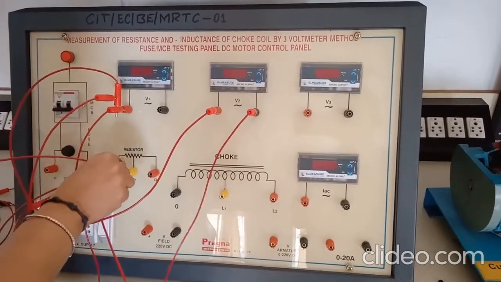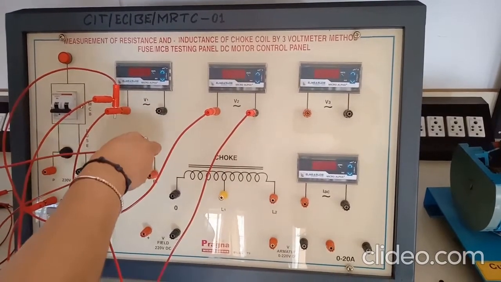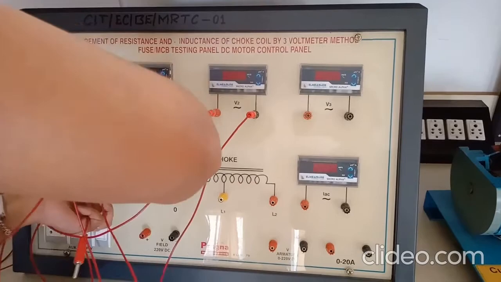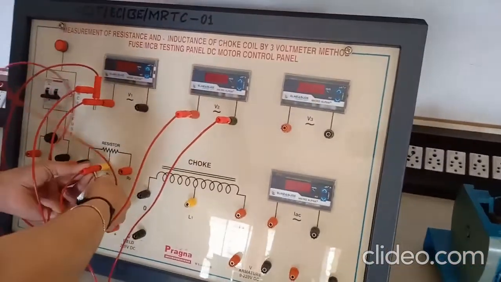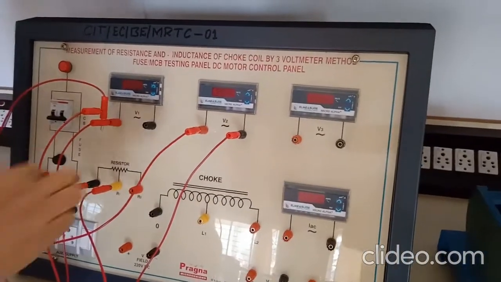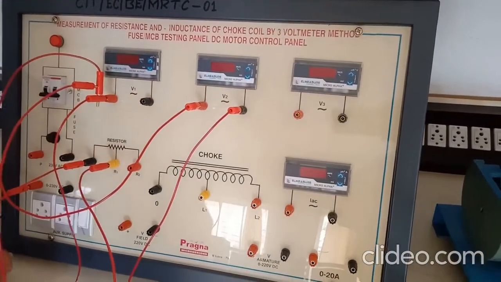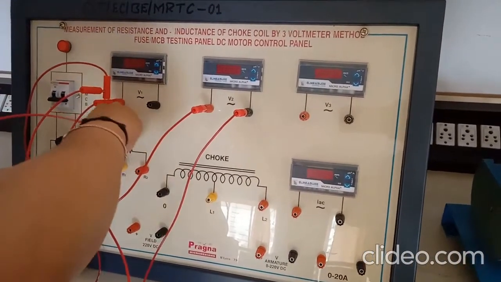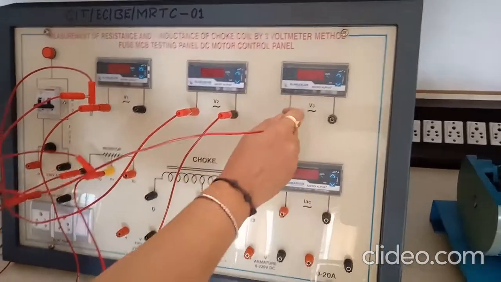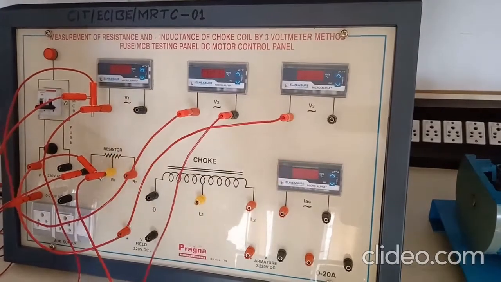From this same point, the other side of the R, it is given to V3 positive.